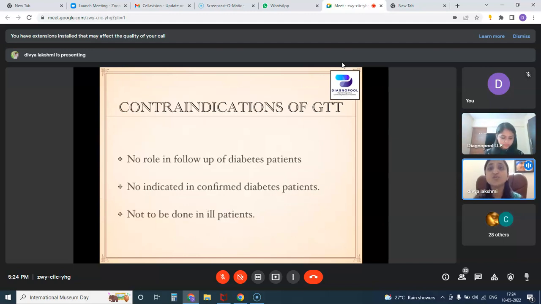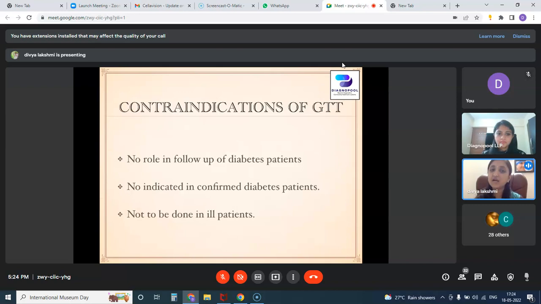So we should also know when not to do GTT. Do not do GTT in a confirmed diabetic patient, because the glucose level is already very high. Giving a glucose solution like 75 gram or 100 gram will cause more harm to the patient than help.